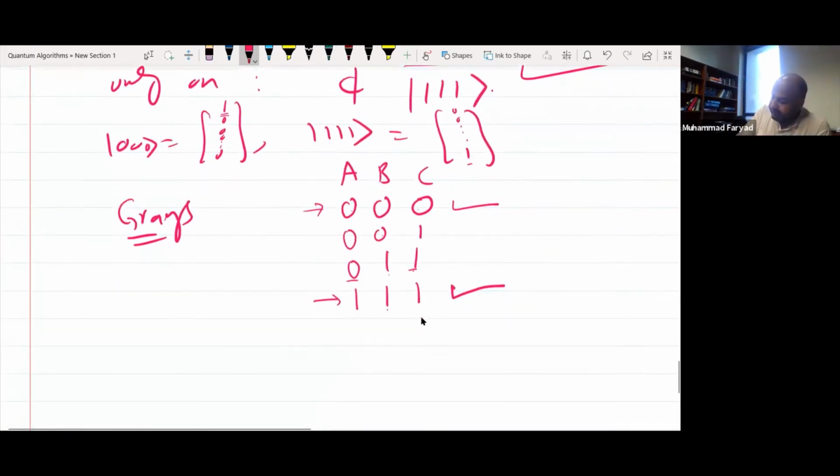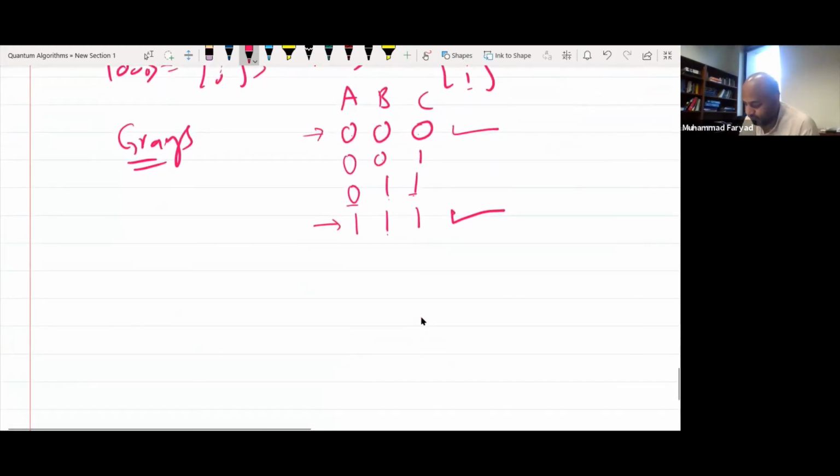And then let's work out the circuit. So suppose this is qubit A, qubit B, and qubit C. And we work out the circuit like this. So A and B are the same, 0, 0, and C is changing.